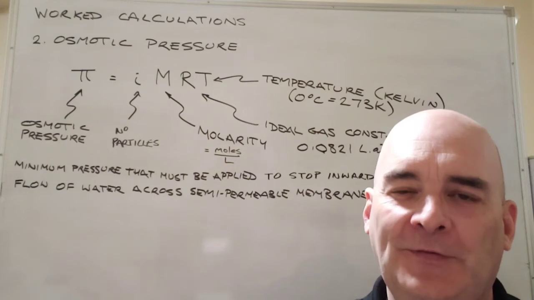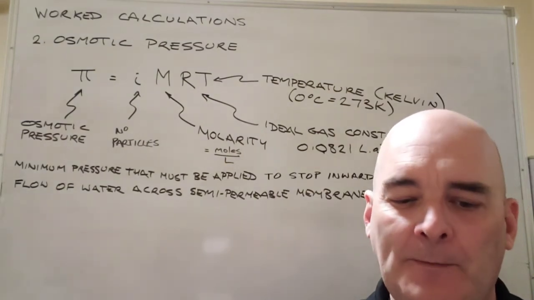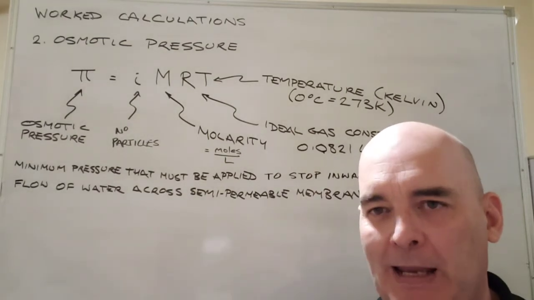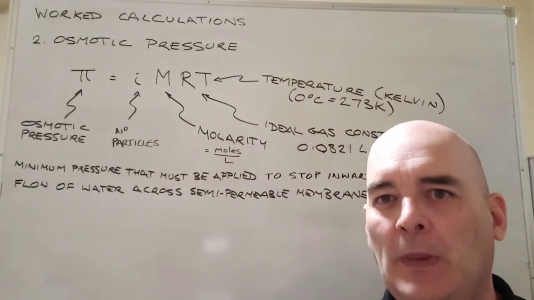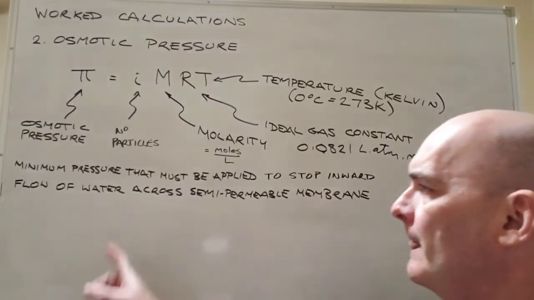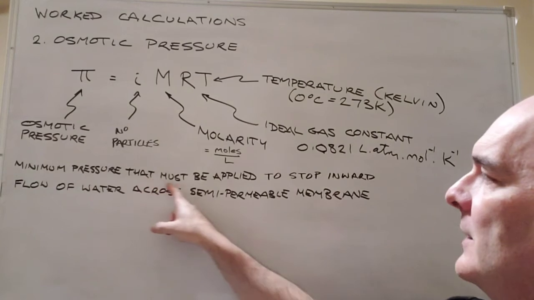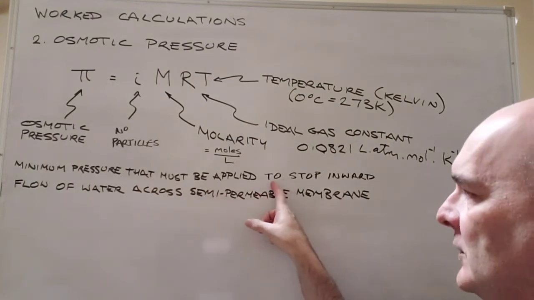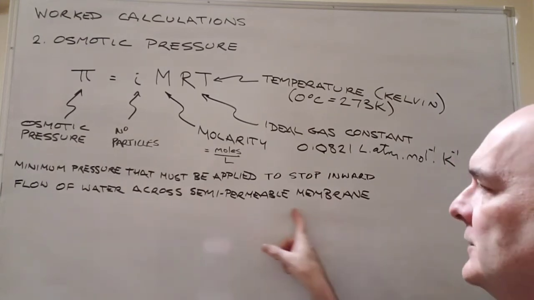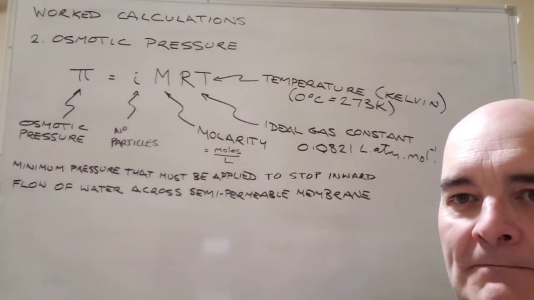Well, as the water is flowing in, if we wanted to stop that flow, we would have to apply an external pressure to the solution. So the osmotic pressure is the minimum pressure that must be applied to the solution to stop that inward flow of water across the semi-permeable membrane.